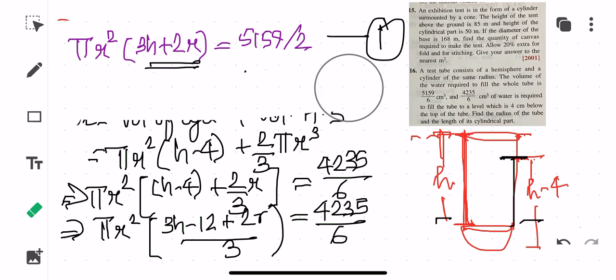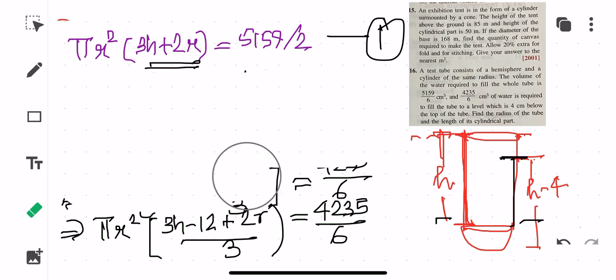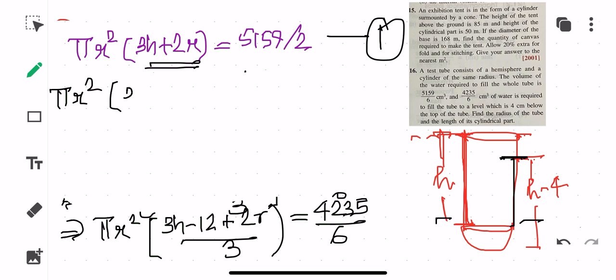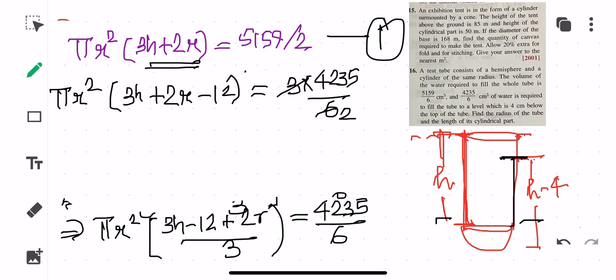I'll just remove the second part, that is not relevant anymore. So now I'll be writing pi r square into 3h plus 2r minus 12 is equal to, 3 goes that side, 4235 divided by 6, so this is going 2, so this is equal to 4235 divided by 2.